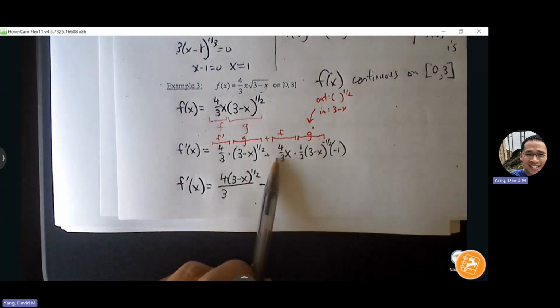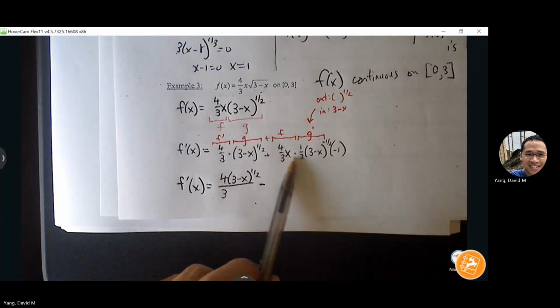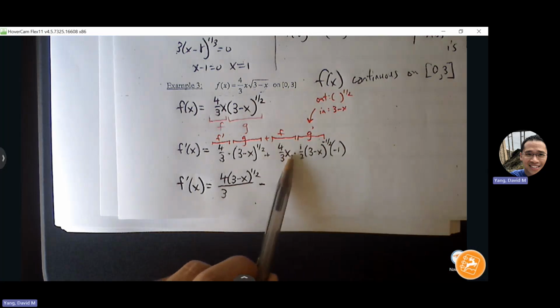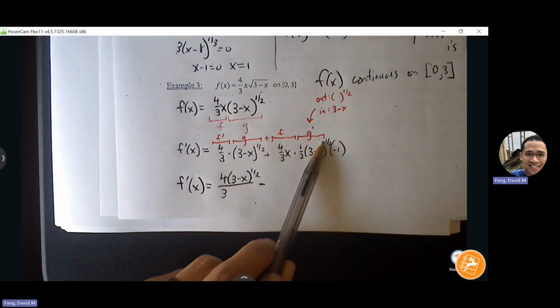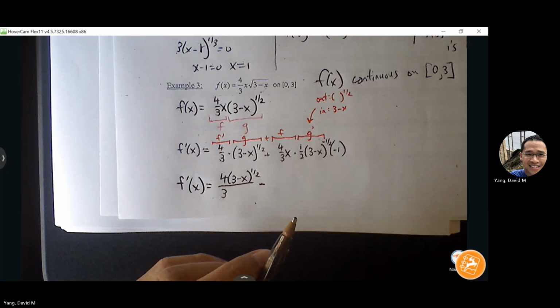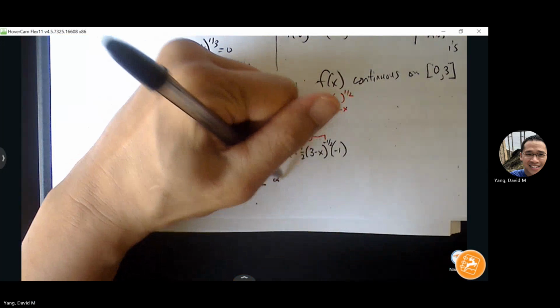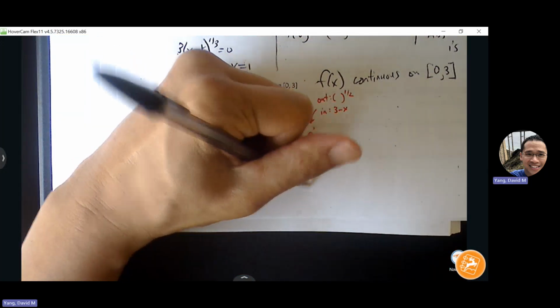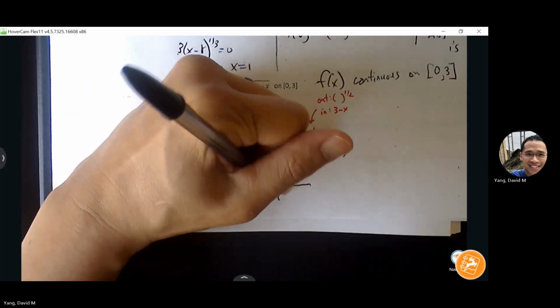The negative, I'm pulling that out in front. The 4 and 2, I'm reducing to be 2 over 3. I'm pushing this negative exponent back down. So I'm trying to do a couple of steps here all at once.